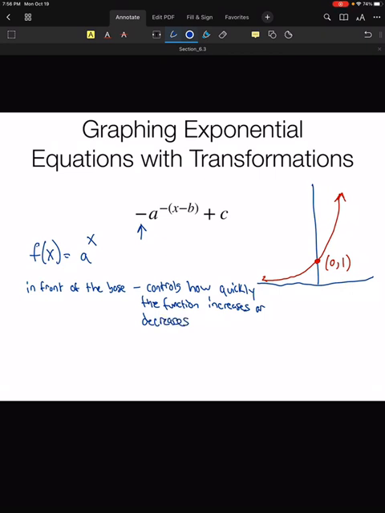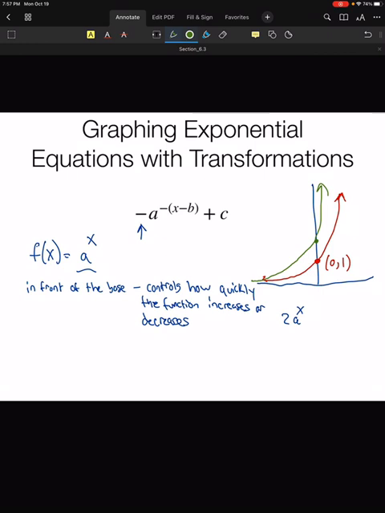Meaning if I had something like 2 times a to the x, when originally I had a to the x, what would change is that the new y-intercept would happen at (0, 2), and it would look something like that. Meaning it would increase faster.